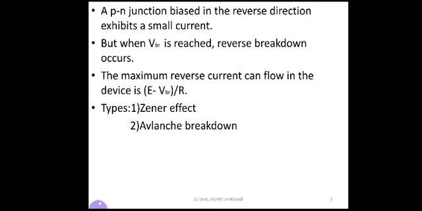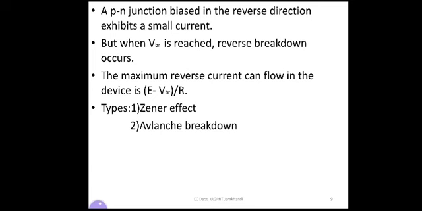The series resistance R can be chosen to limit the current to a safe level for the particular diode used. If the current is not limited externally, the junction can be damaged. So the junction can be damaged by excessive reverse current.